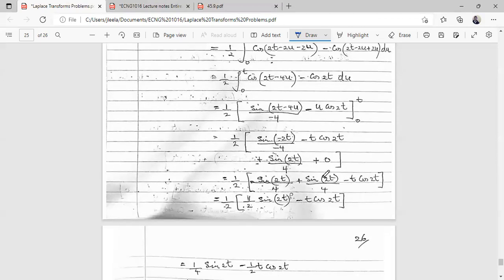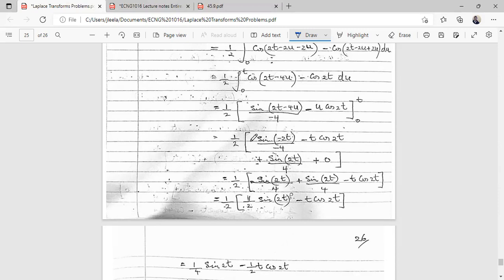Now remember, sine is an odd function, so this sine(minus 2t) is really minus sine 2t.